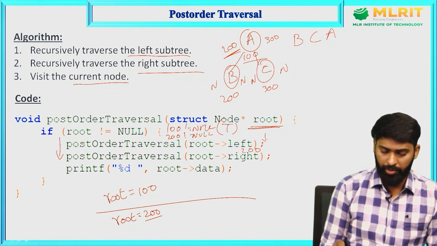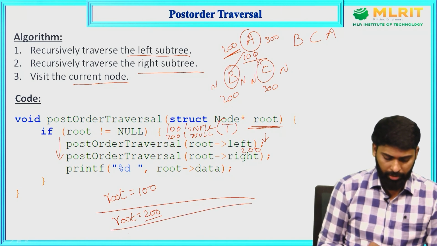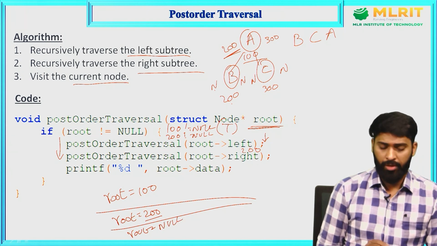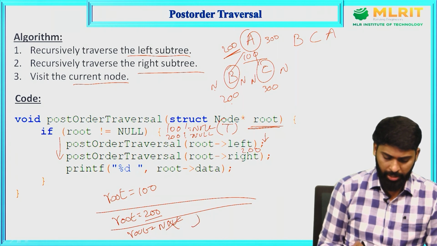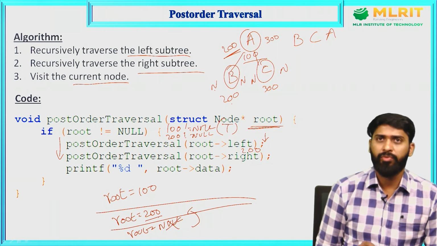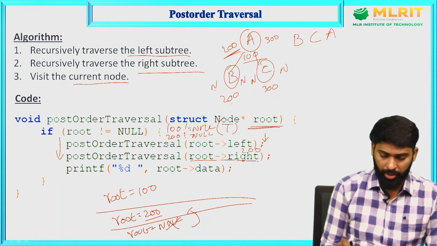So, again we call the function. Post order traversal, root arrow left. Now, what is the root? Root arrow left, 200 arrow left is null. Now, null not equals to null, false. So, this will be terminated and we move to previous function call. Here we have another instruction, root arrow right side.